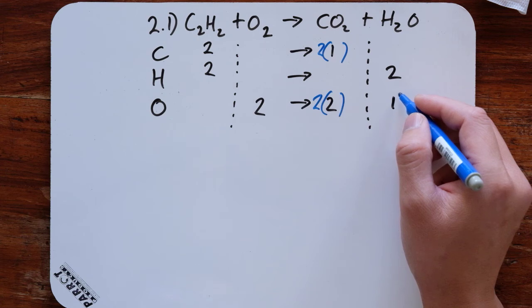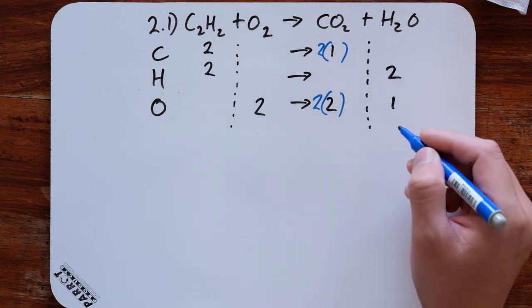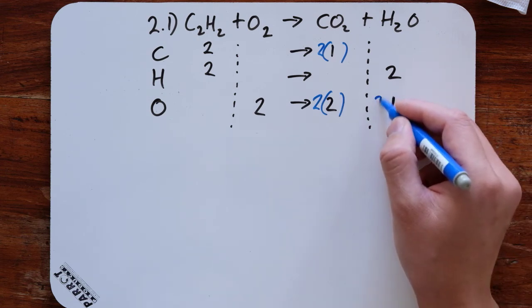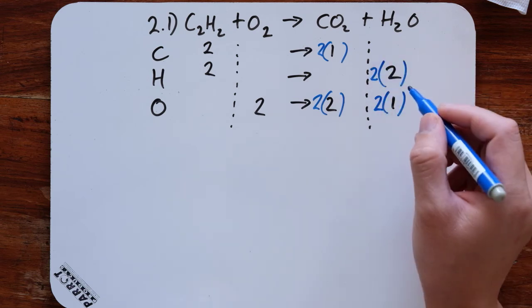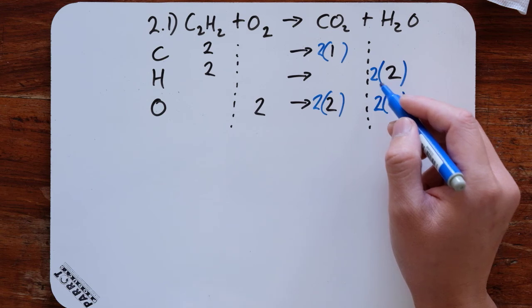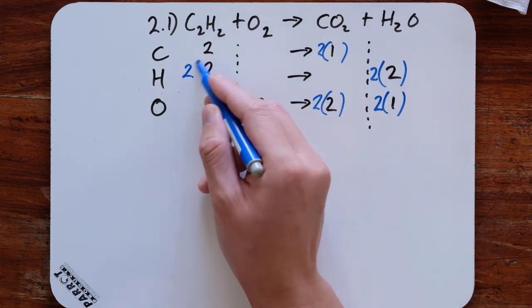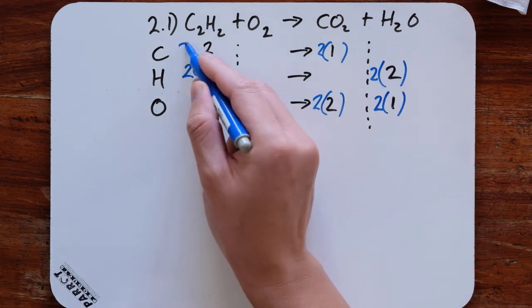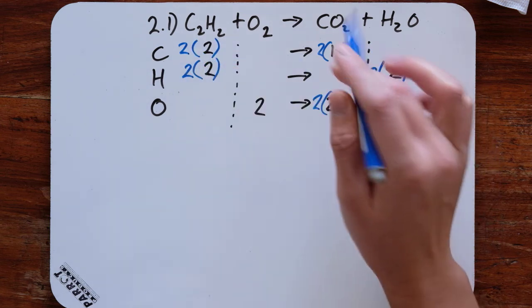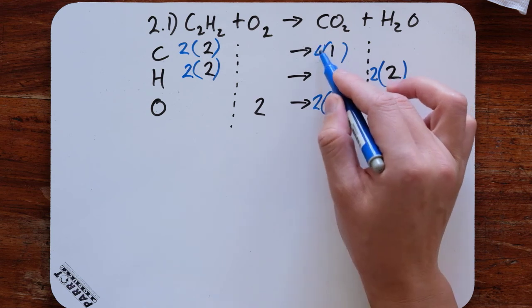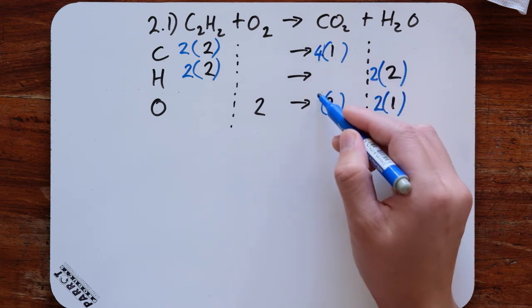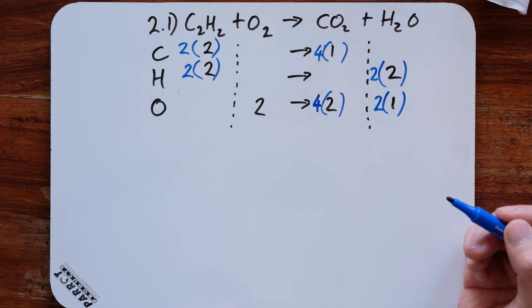So we need to get this 1 to be an even number, so we multiply it by 2 as well. But we times everything by 2. Oh, but then if we times this by 2, we have to times this hydrogen by 2, which means we multiply this by 2. And then, oh no, we have to multiply this by 4.